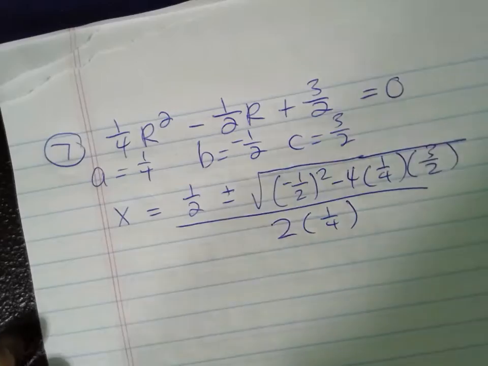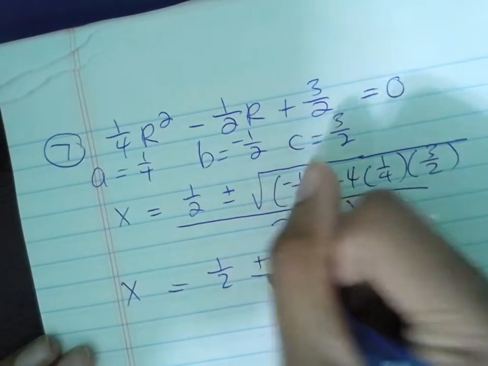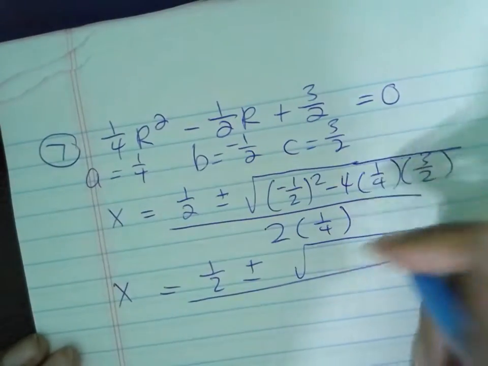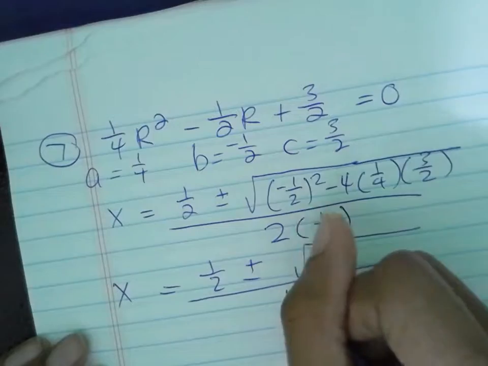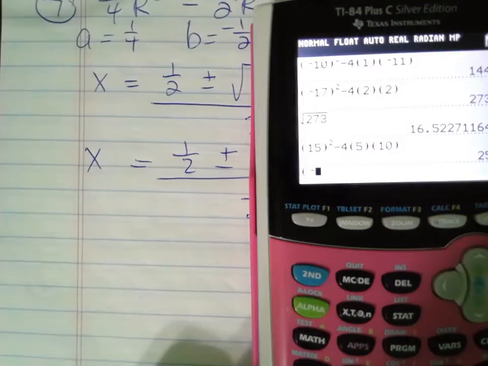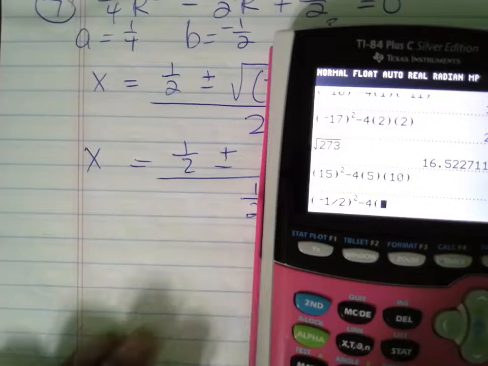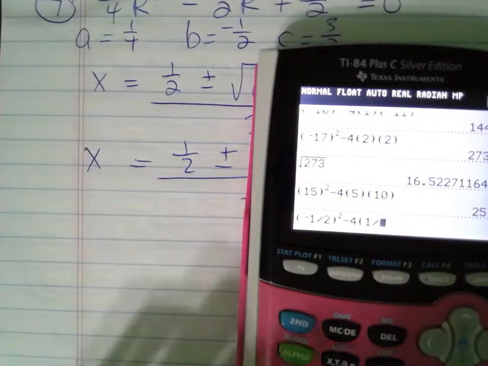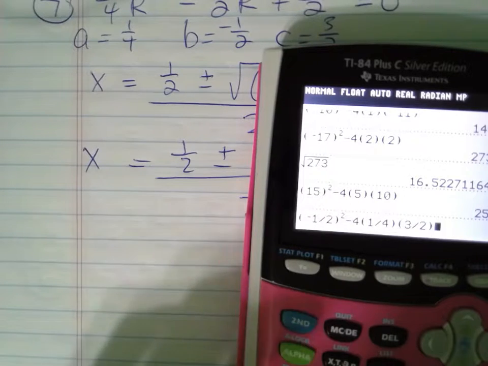Oh, doesn't that look like a fun problem? All right, so we have x equals 1/2 plus and minus the radical, then 2 times 1/4 is going to be 1/2. All right, let's see what happens with this fraction. Negative 1/2 squared minus 4 times 1/4 times 3/2.